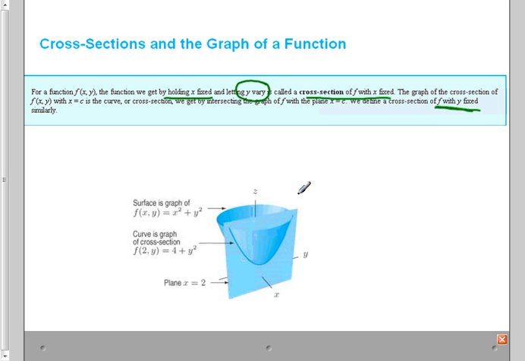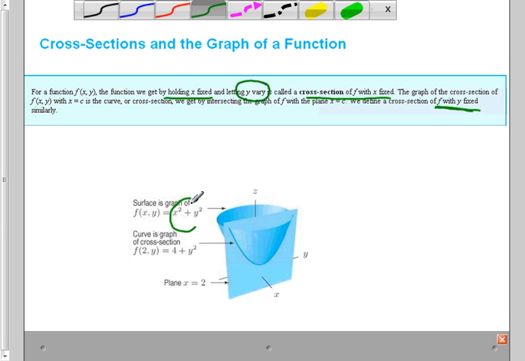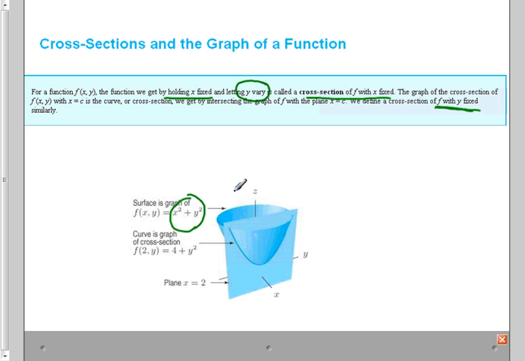So here's an example. Here we have that x squared plus y squared 3D graph. And what we're looking at is a cross section where we intersect the shape with the plane x equals 2. In other words, we're taking our function f of x, y, and we're saying let's fix x at 2.